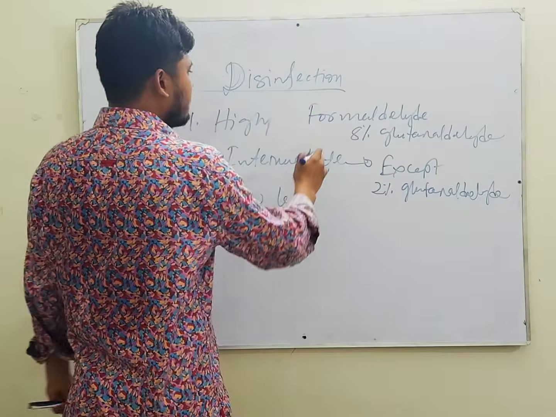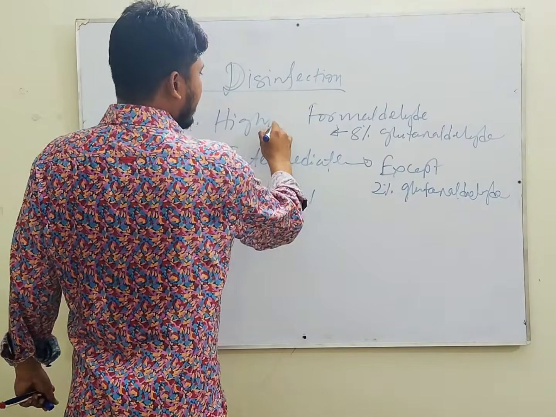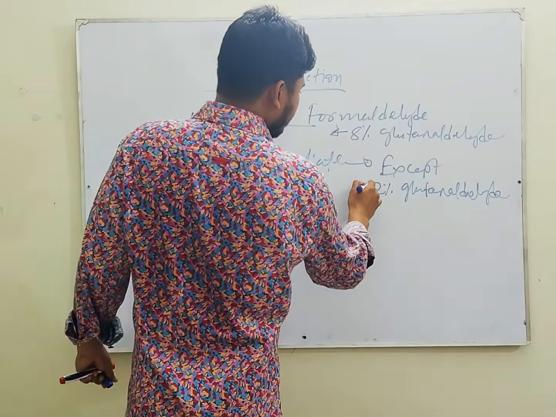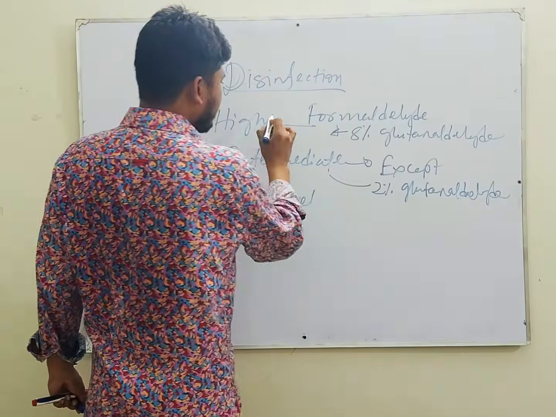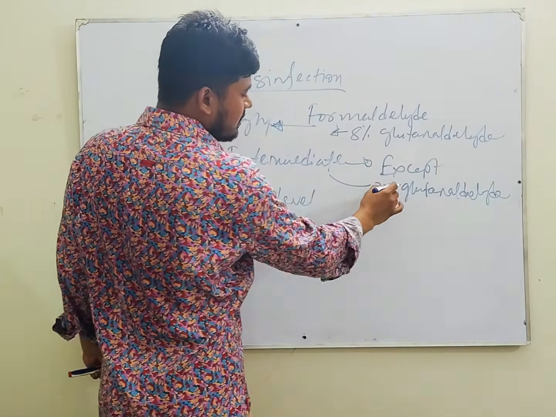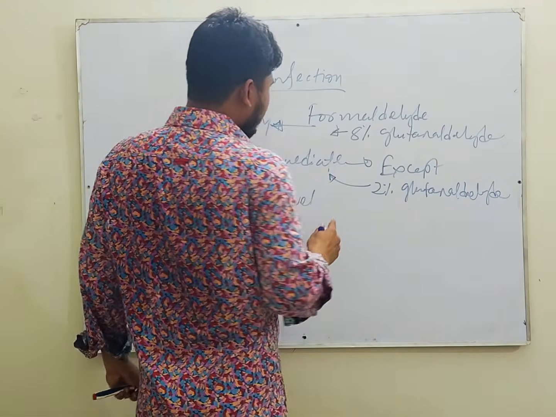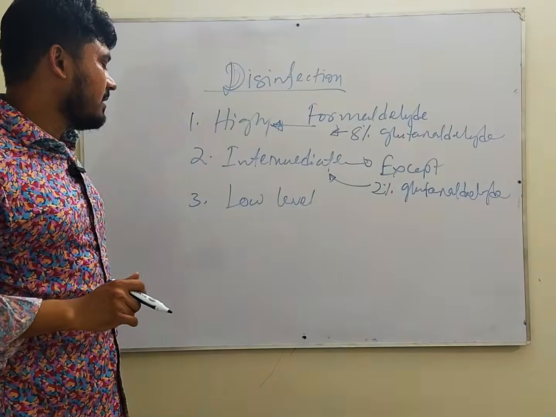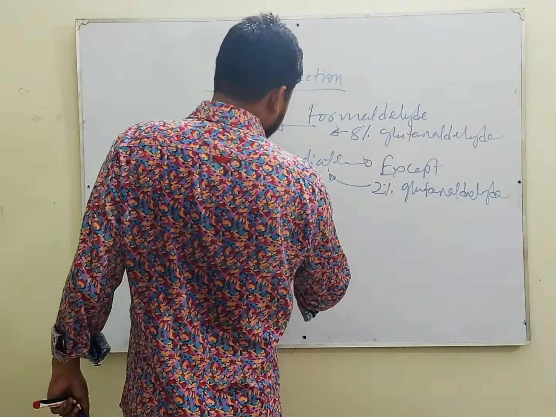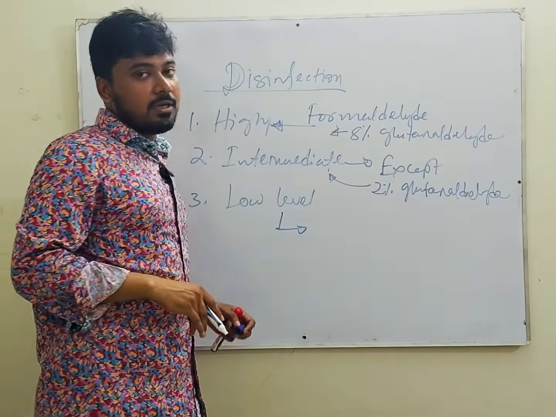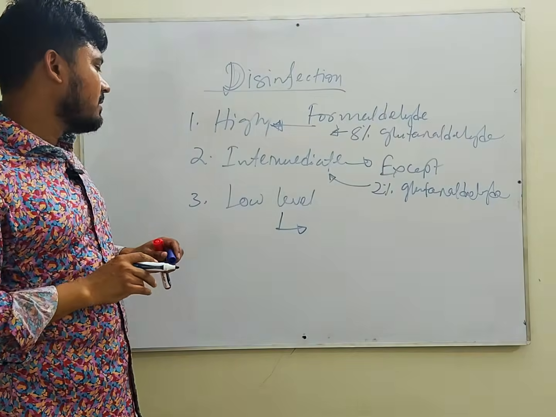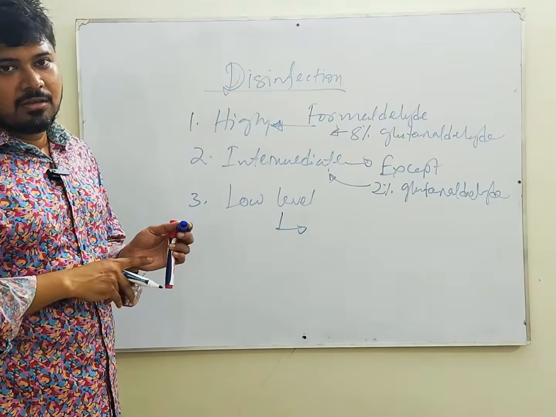2% glutaraldehyde. When 8%, it will be high level disinfectant. When 2% it will be intermediate level disinfectant. Then low level disinfectant. This will destroy only some vegetative bacteria and envelope virus.